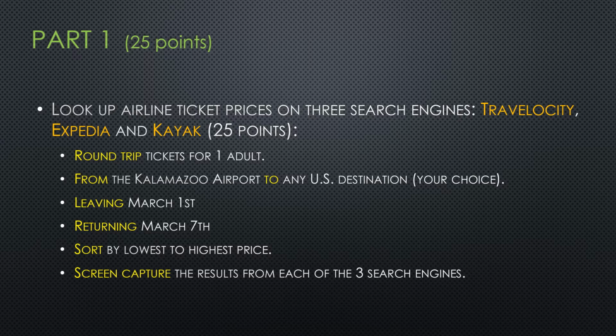We are putting specific dates, leaving Sunday, March 1st, returning March 7th. Please sort the results from lowest to highest and do a screen capture on the top results. Email each of your 3 screen captures to professordoonan@gmail.com. What you should be seeing here is a great deal of similarity, but yet some differences in pricing.